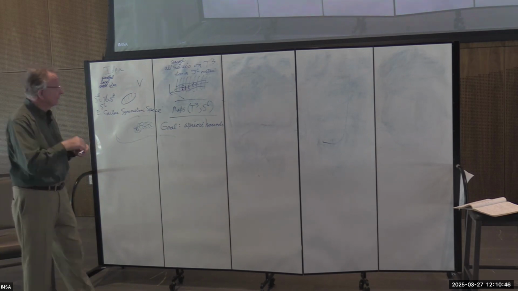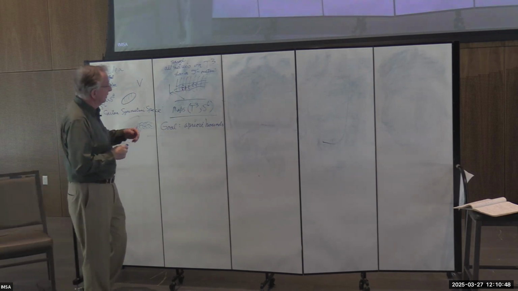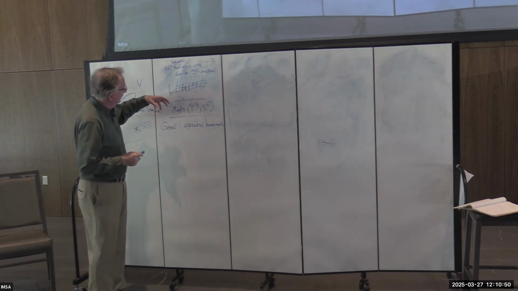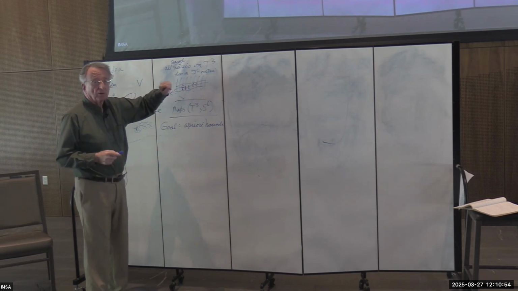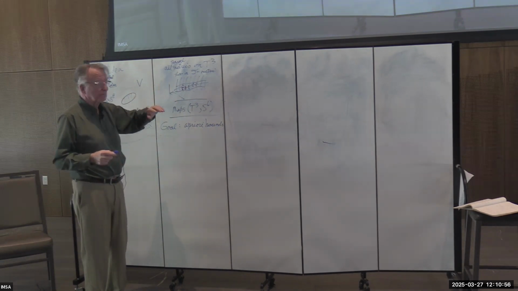And the way I'm going to measure the flow is by studying how it distorts the metric as it flows along. So how does it distort the metric?